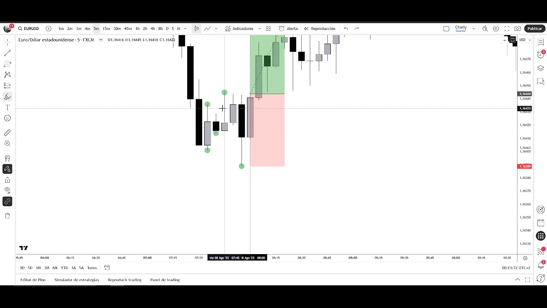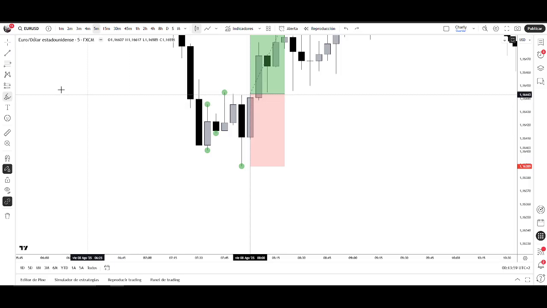Basically, we can see and understand that from this high, market rejects, this candle closes, next one opens. Low, high, rejects, candle closes, next one opens. High, low, rejects, closes, next one opens. So the movement that we have right here is this. Goes lower, goes up, and then goes lower again.